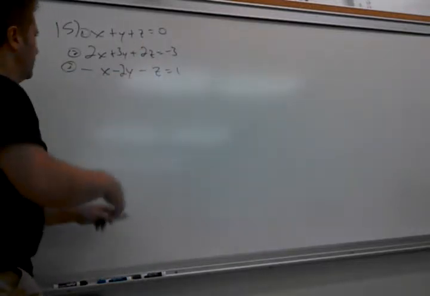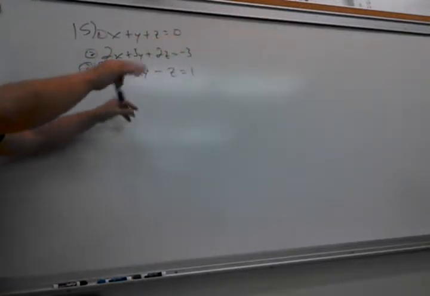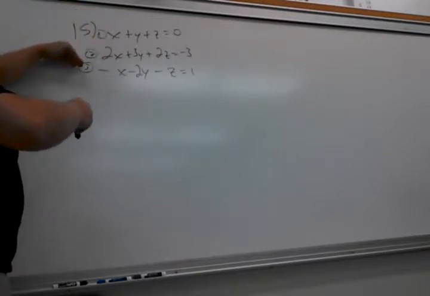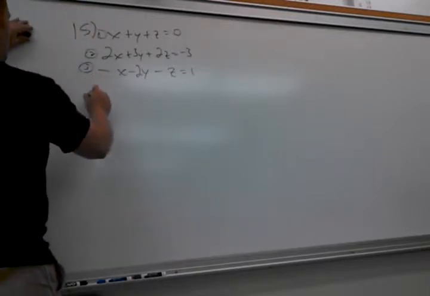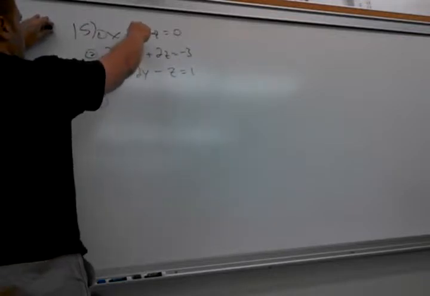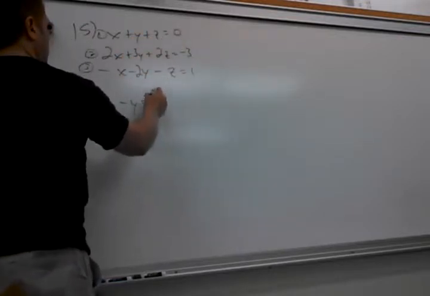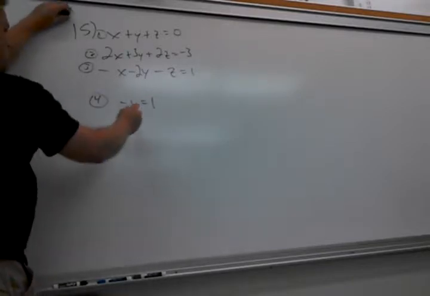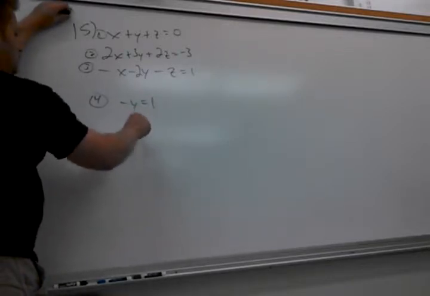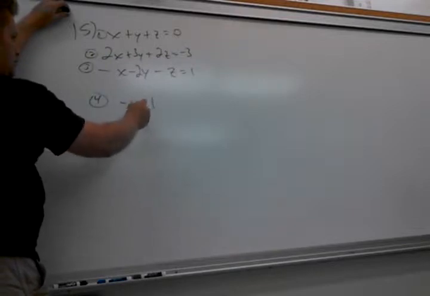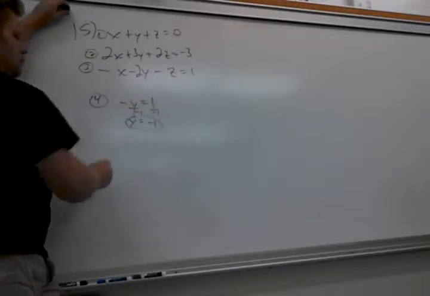What's really beautiful is, do you see how if you add 1 and 3 together, the fourth equation will be: x is gone, negative y, z is gone, equals 1. So dividing by negative 1, y is negative 1.